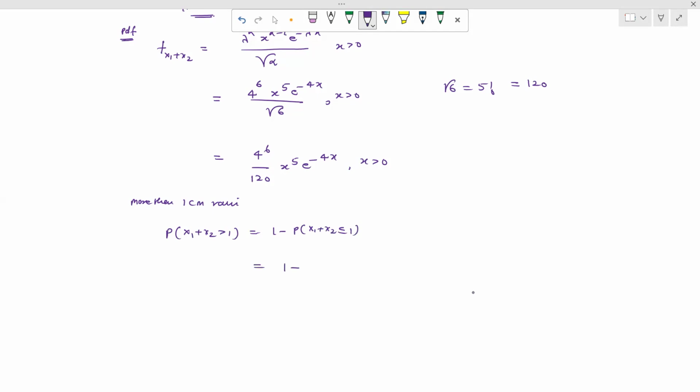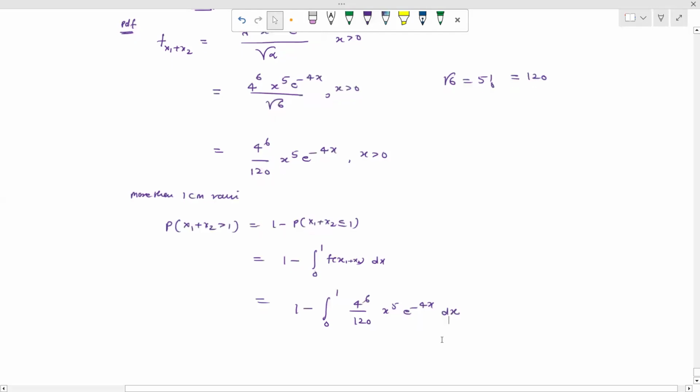So this equals 1 minus the integration from 0 to 1 of the function f(x) dx. So we write down 4 raised to the power 6 upon 120 x raised to the power 5 e raised to the power minus 4x dx.